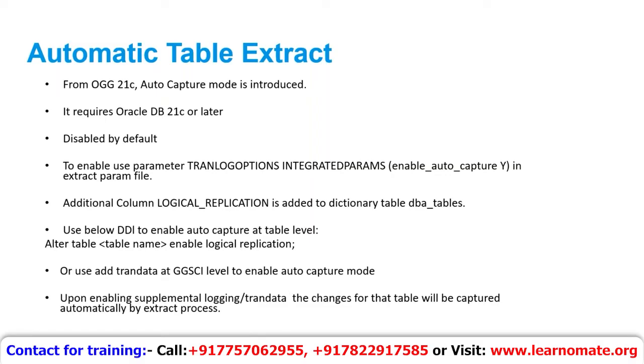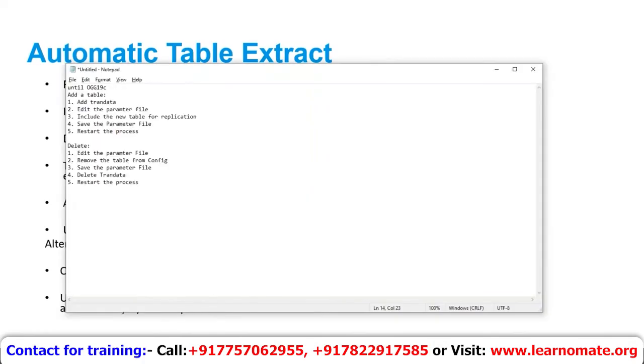So you don't have to follow these steps that we are discussing in 21c. In 21c, for adding a table, you just have to do ADD TRANDATA at database level or ALTER TABLE table name ENABLE LOGICAL REPLICATION.